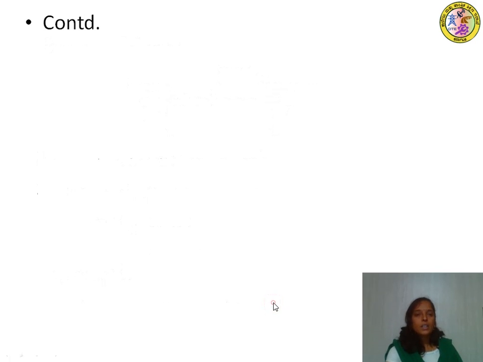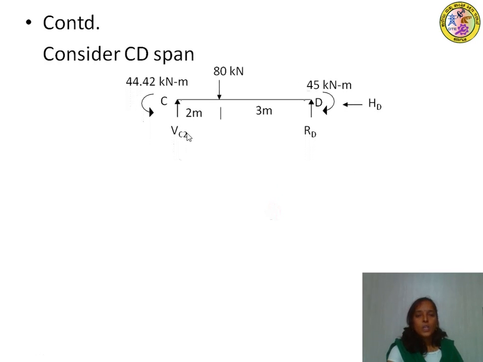Next we will consider member CD. CD is with the end moments, at C we have got minus 44.42 and at D it is 45. Apply sigma Fx is equal to 0, HD is equal to 0, as there is no horizontal or inclined loading.